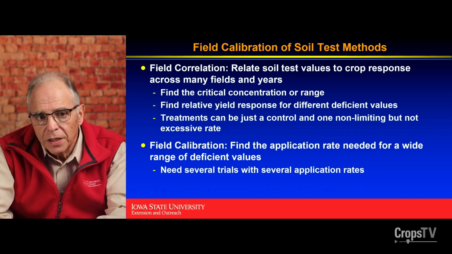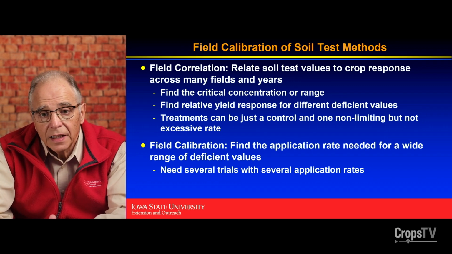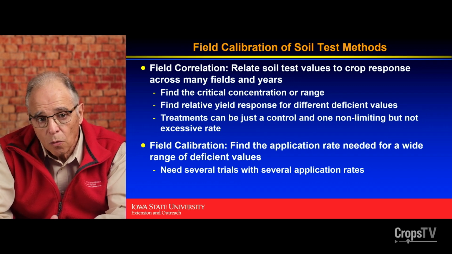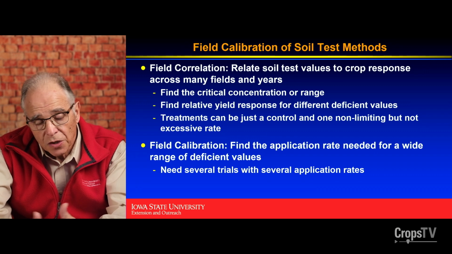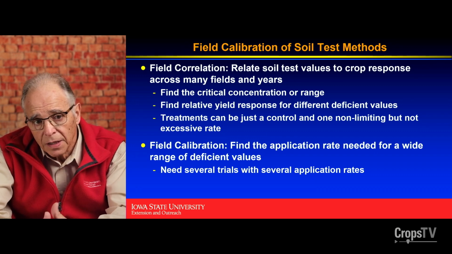But then field calibration per se is different. Calibrate means to find the application rate needed for a wide range of deficient values, okay? So for field correlation, sometimes we can just have a 0 and 1 rate that's high but not excessive, okay? That gives us that information.